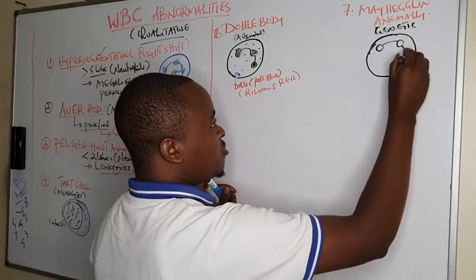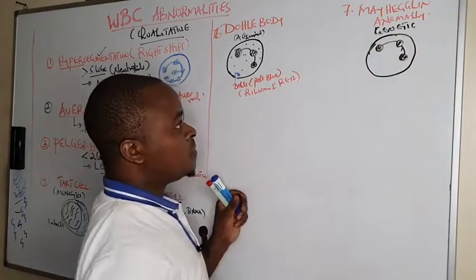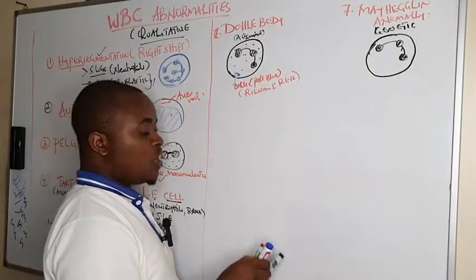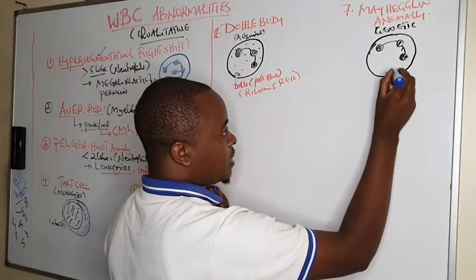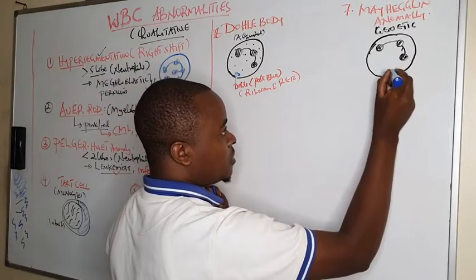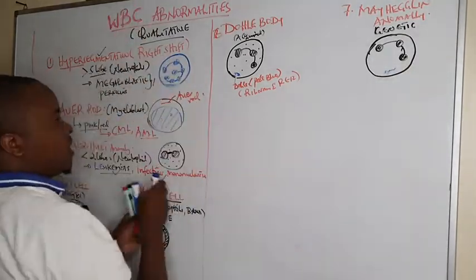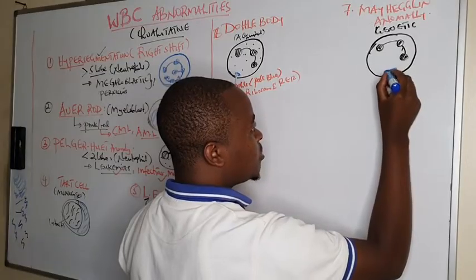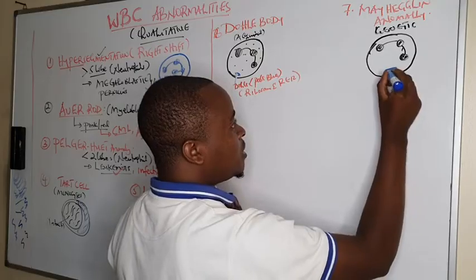So if I have a neutrophil with normal nuclear lobes, this one is pale blue staining, whereas this is dark blue staining and prominent. It is more prominent than the Döhle body.